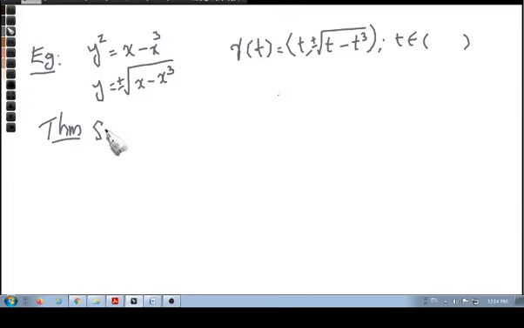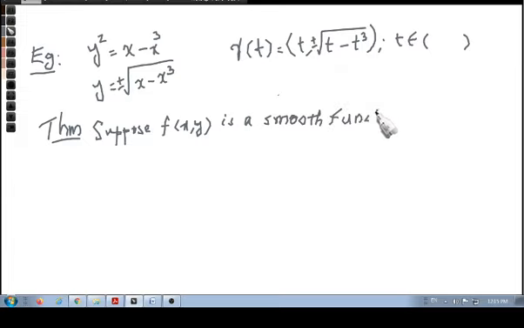So suppose f of x comma y is a smooth function of x and y.